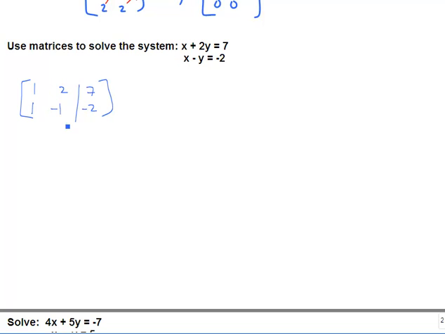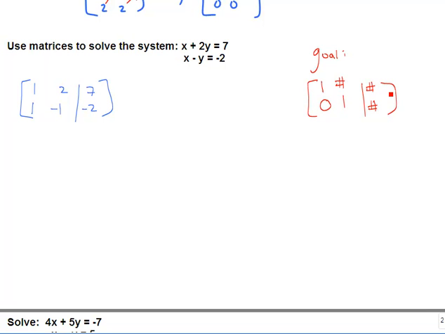So here's my initial matrix. Now remember, what we're trying to get it into, our goal, is to get this into reduced row echelon form, which means getting 1s along these 2 diagonals, a 0 below, and any numbers above and to the right.